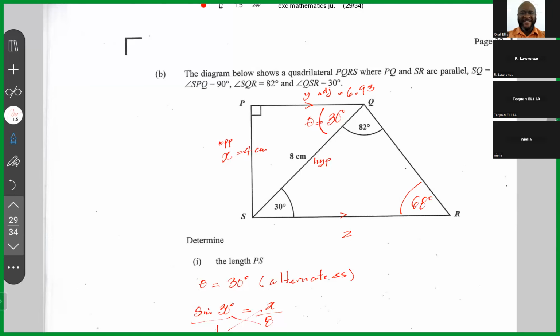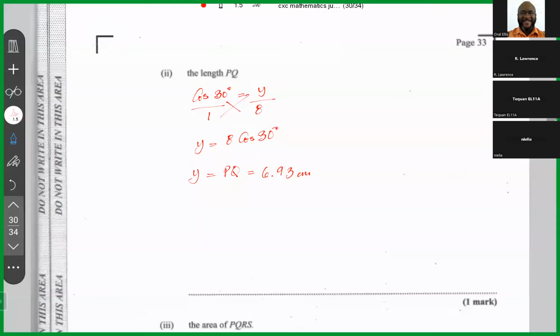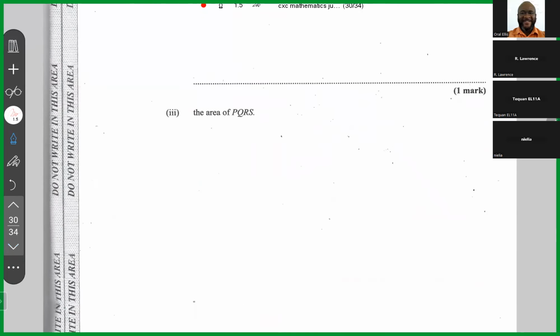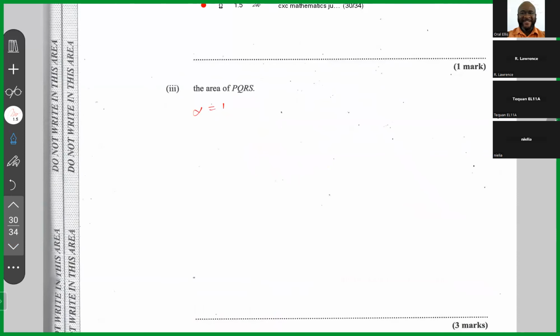So for those who know sine rule, if I wanted to, I could call this alpha, and I could say that alpha is equal to 180 minus 30 plus 82, and that this is equal to 68 degrees.